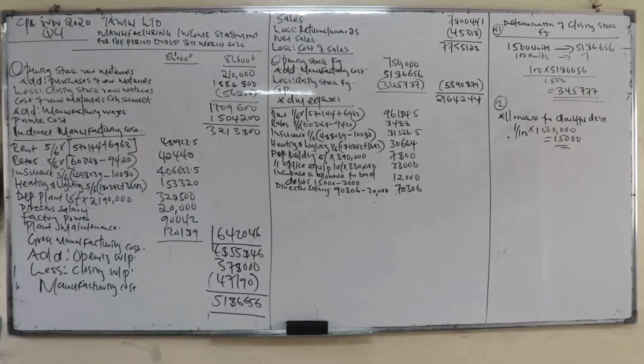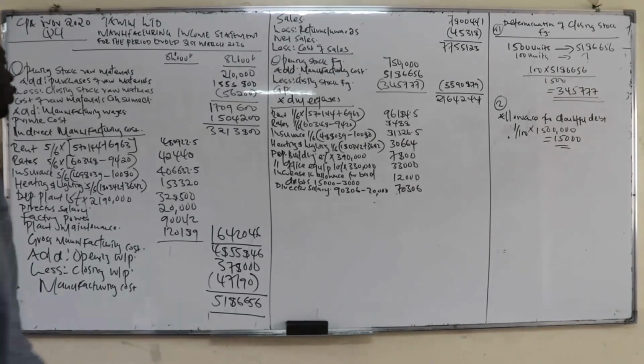Okay, we are done. Then we have been told directors and office salaries, with 37,000 paid to the salesman, isn't it? So there are office salaries. So we will remove the salesman's, which falls under distribution cost, isn't it?